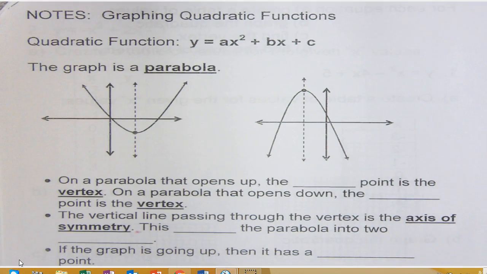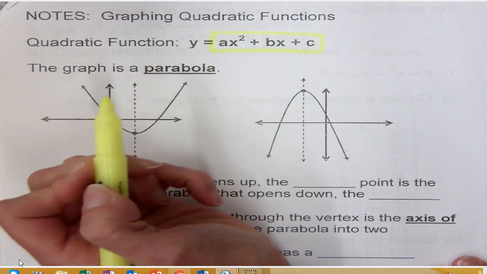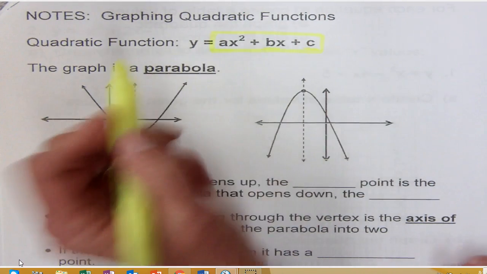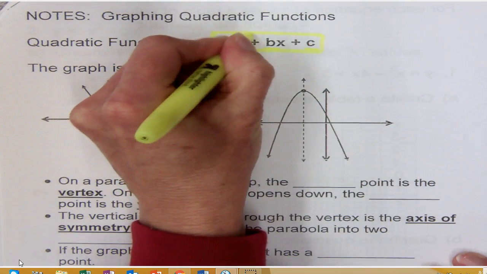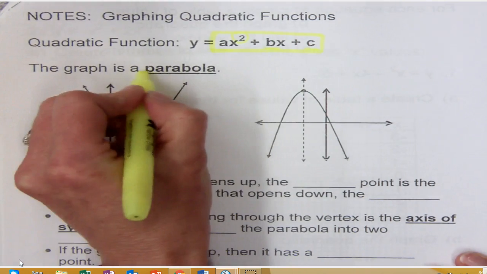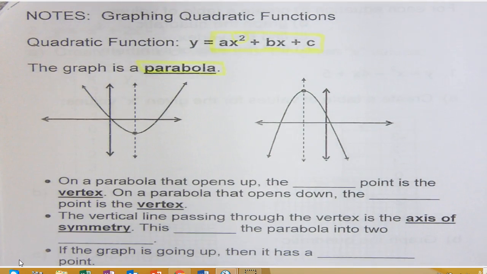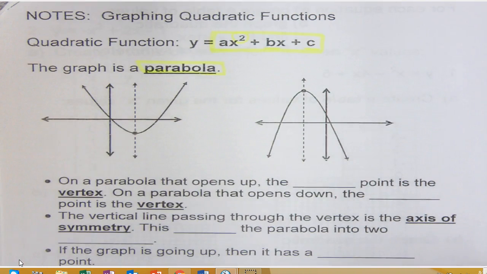Okay, so to move on and to kind of review a little bit, here is the quadratic function. We have our a, b, and c. We have our x squared, so we know it's going to be in the shape of a parabola. When x is by itself, then it's in the shape of a straight line, but with the squared, we end up with a parabola, which is just basically a U-shaped figure.